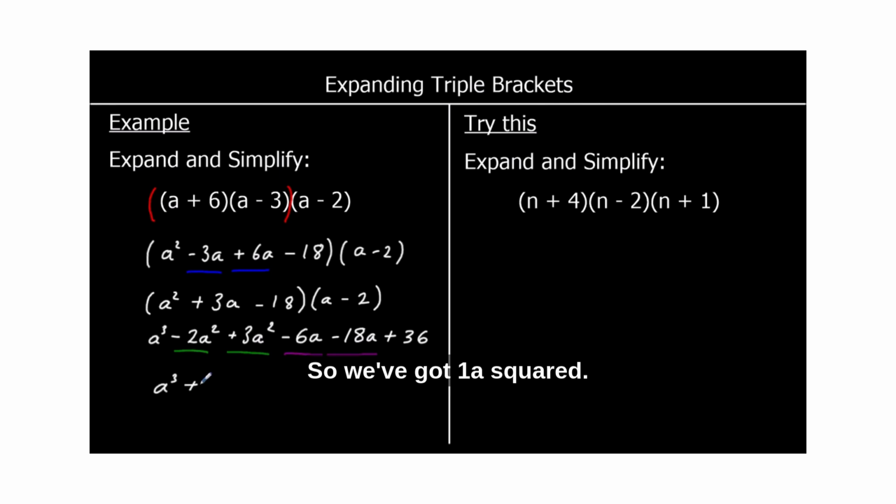So we've got 1a squared, we just write as a squared. And we've got negative 6a, take away another 18a, which goes to negative 24a. And we've just got 36, so plus 36 on the end. And that is our answer.